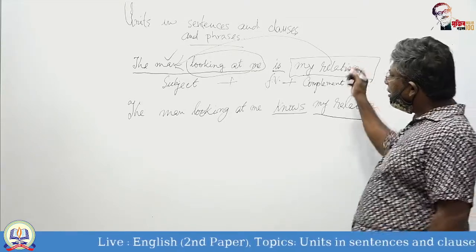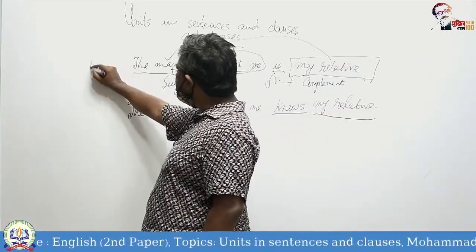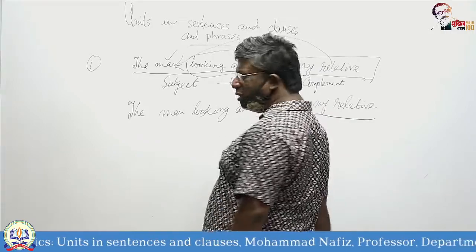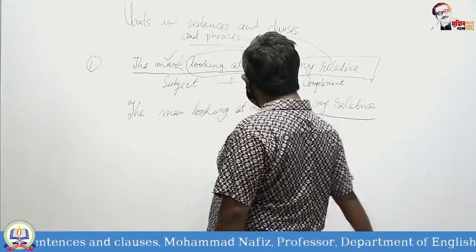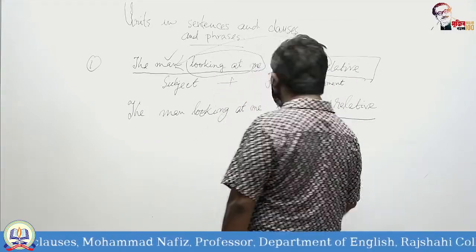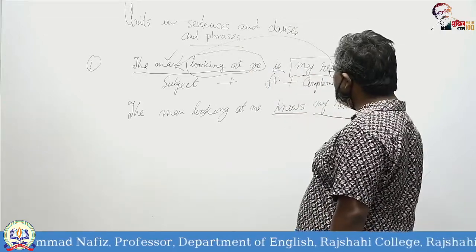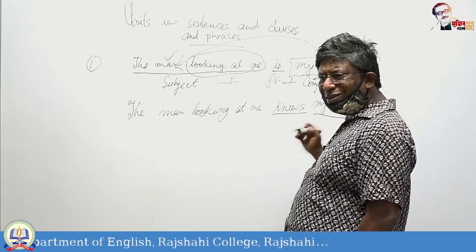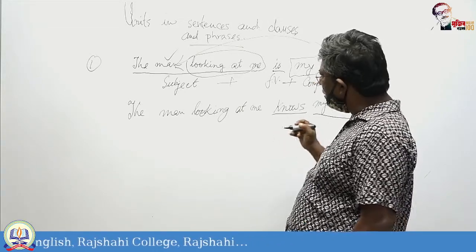Because in the first sentence, my relative is the identity of the subject. The man looking at me and my relative refers to the same person, refers to the same noun.